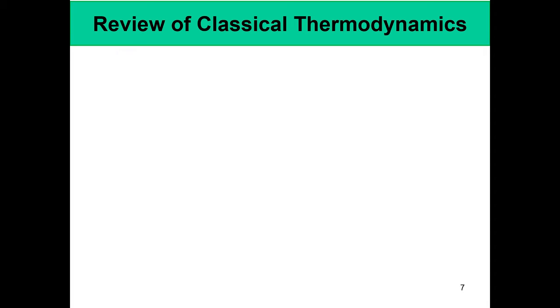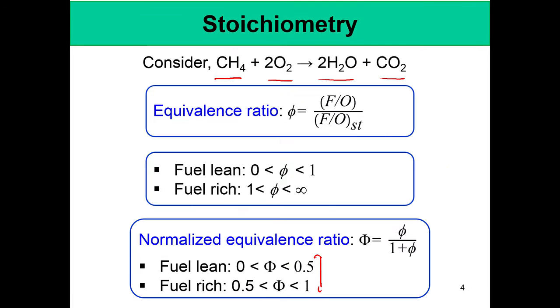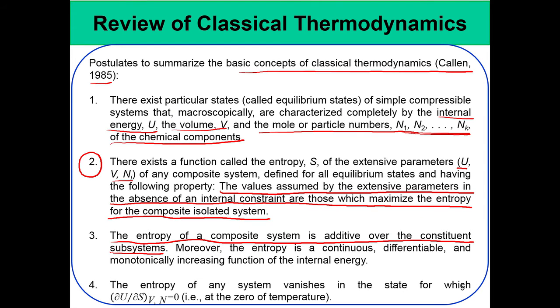If you go to the second postulate itself, this part says that the values of the extensive parameters in absence of internal constraints are those that maximize the entropy for the composite isolated systems.